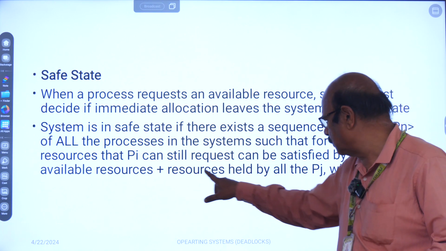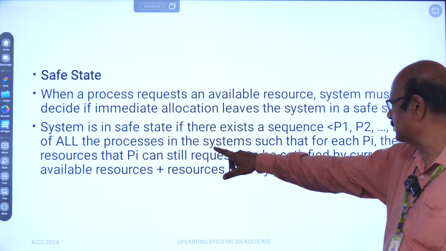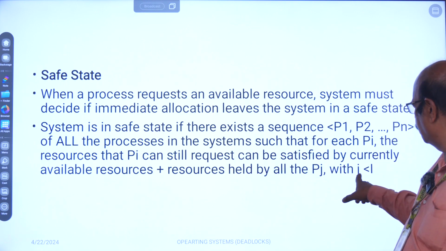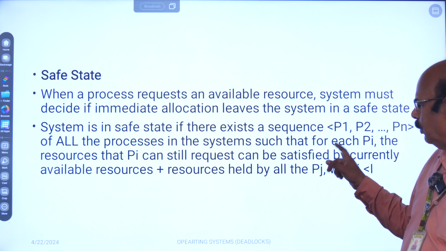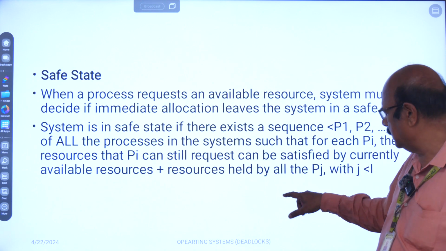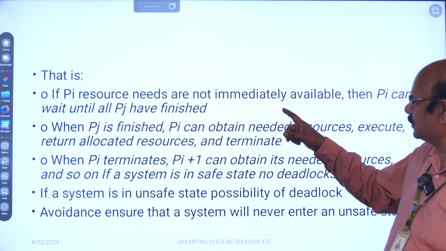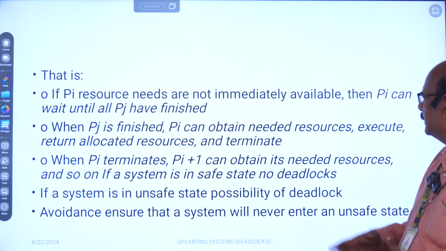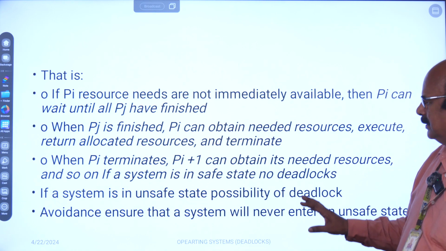Plus the resources held by all the Pj, with j less than i. If Pi's resource needs are not immediately available, then Pi can wait until all Pj have finished.